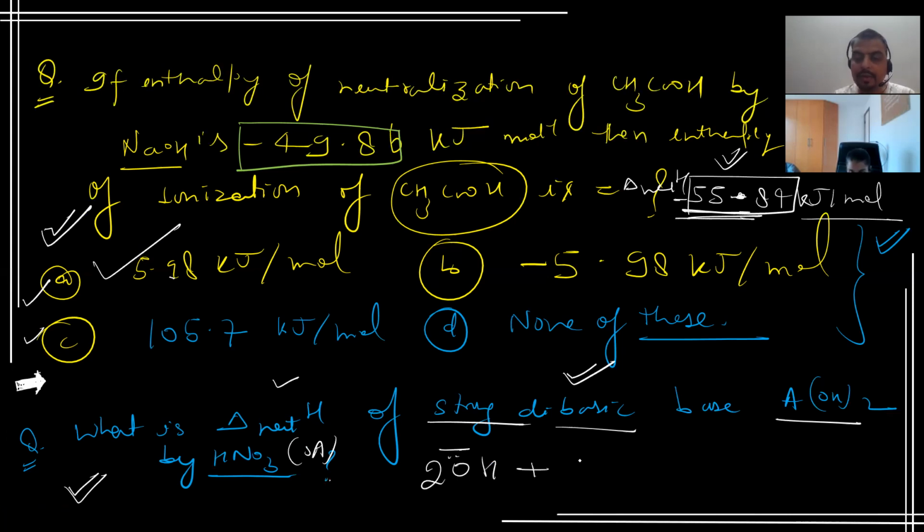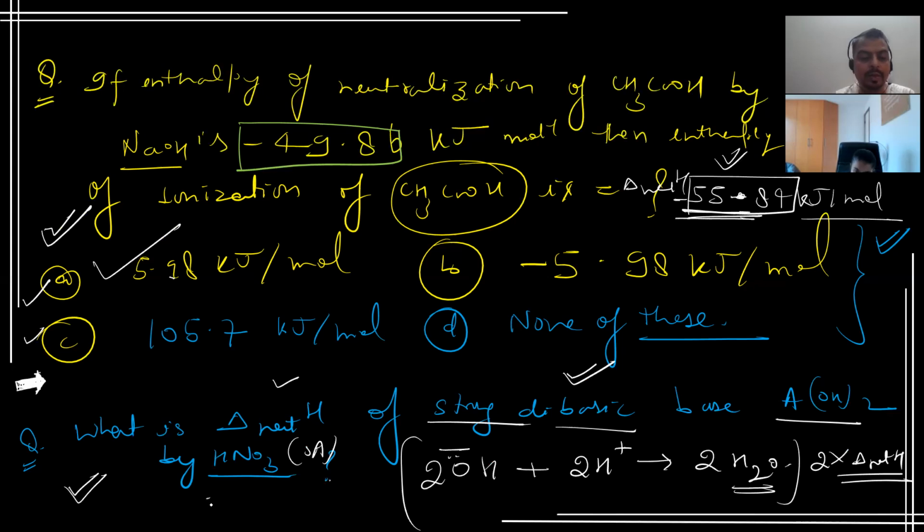For 2 OH minus, 2 H plus required. So we will get 2 moles of water. So this is just twice the enthalpy of neutralization, right? So you have to just multiply twice of minus 55.84. You will get the value. Any doubt? No, let me just write it down. Okay, please.